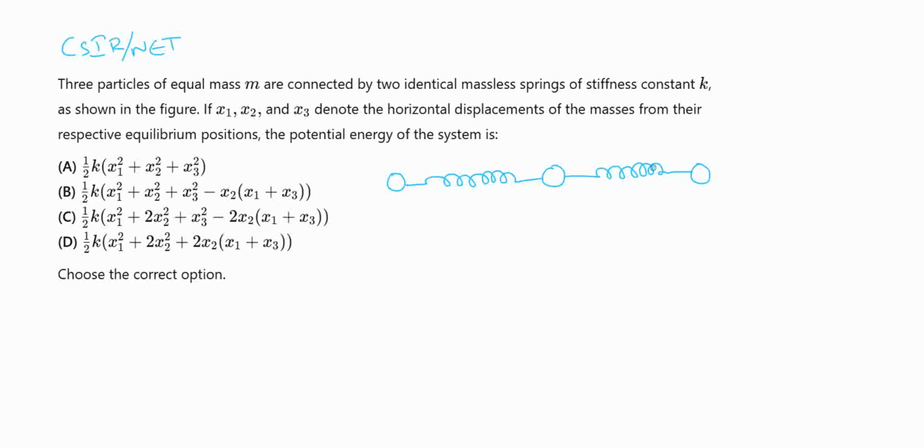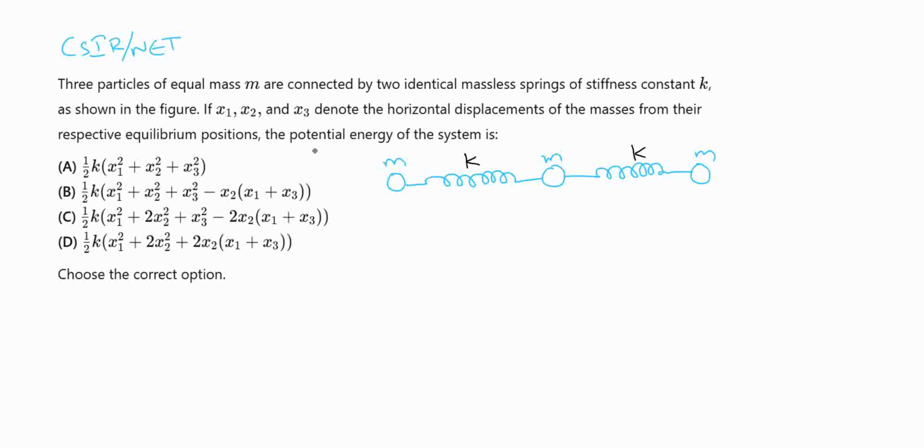Three particles of equal mass m. Each one is displaced x1, x2, x3. So this one is displaced by x1, and this one by x2, and this one by x3.